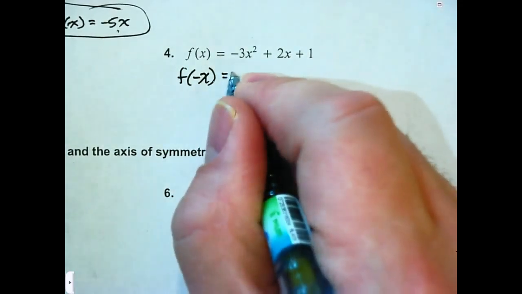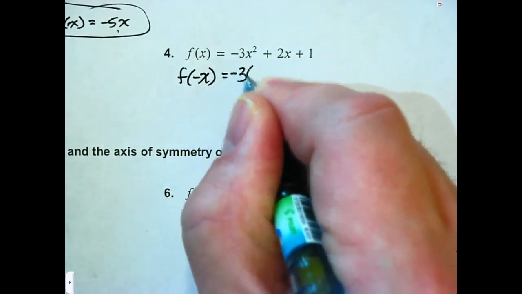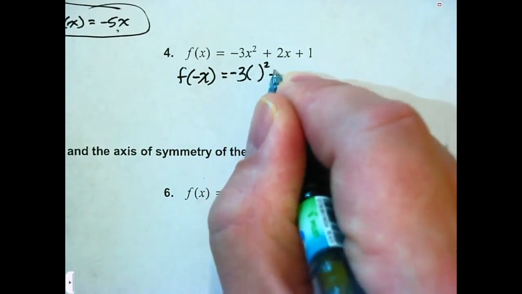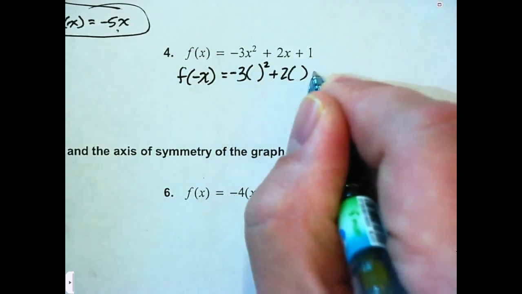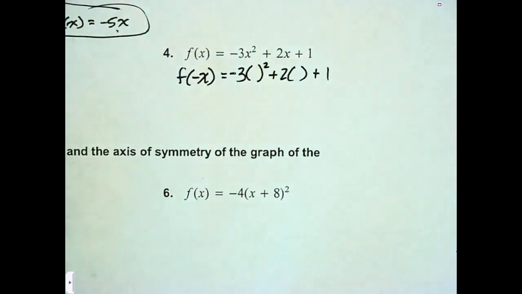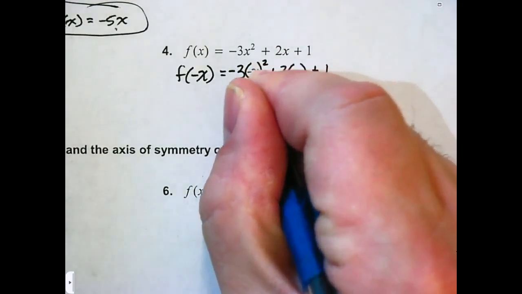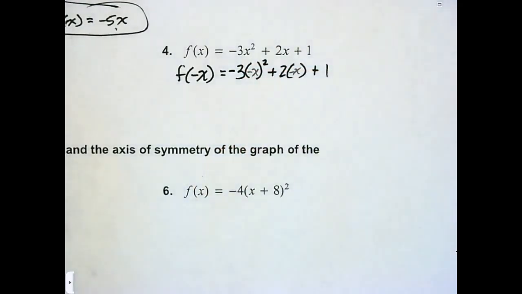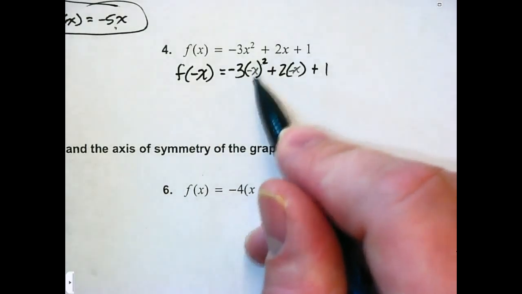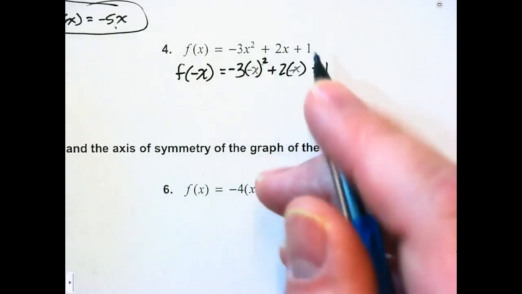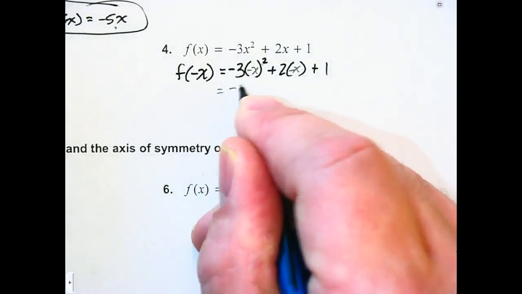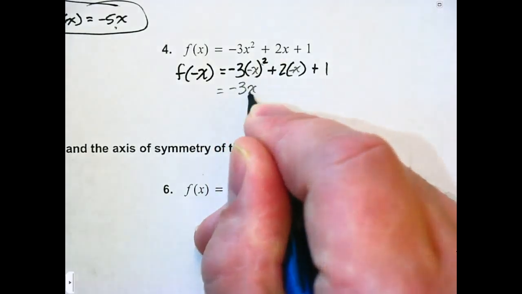Okay, f of negative x, we have to put negative x in wherever we see x. So I'm going to set it up like this. And all those places where there was an x, I'm going to put negative x. Negative x there, negative x there. Okay? What's negative x times negative x? Positive x squared. So we get negative 3x squared.